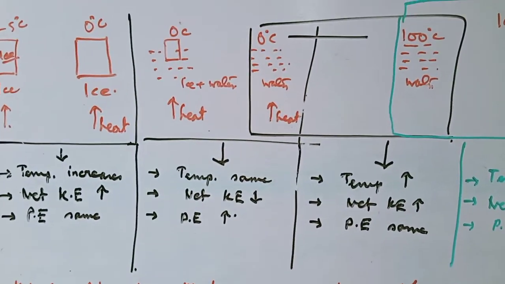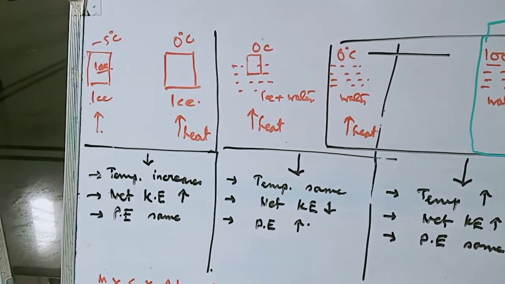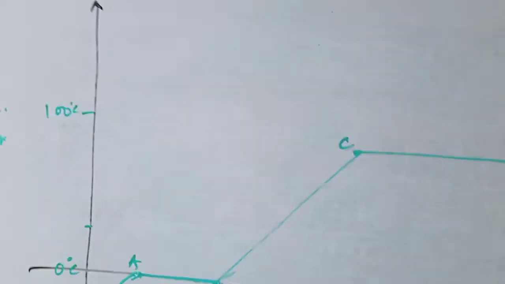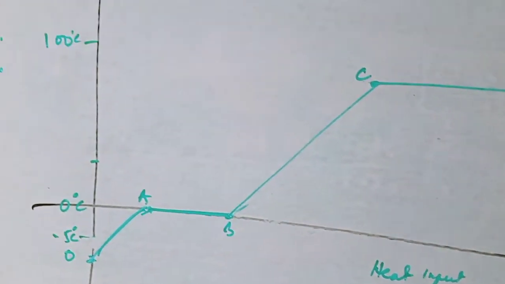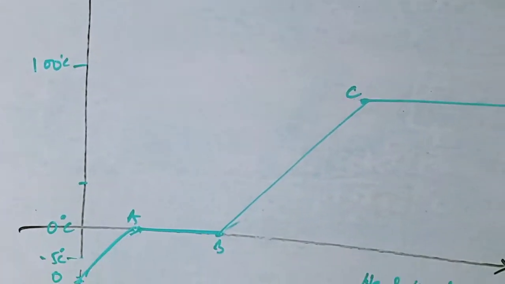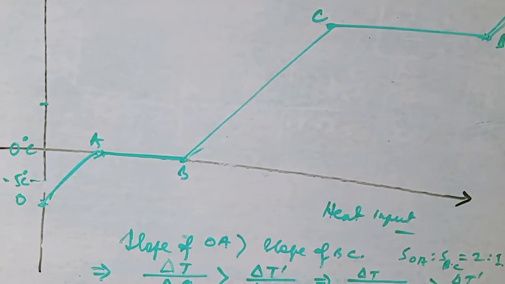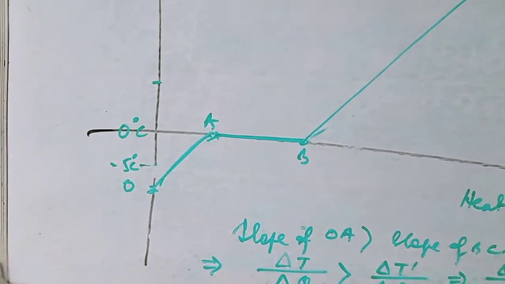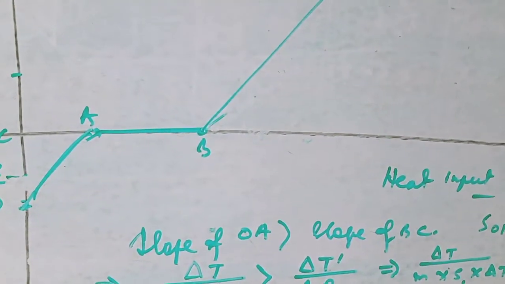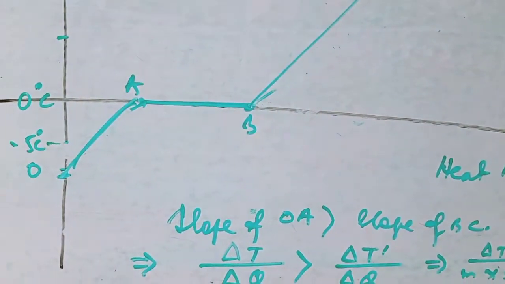Now if we represent it graphically, what will we show here? Now we are drawing a heat input and temperature graph. The x-axis represents the heat input and this is the temperature graph. See here, heat energy is supplied and heat energy is increasing.